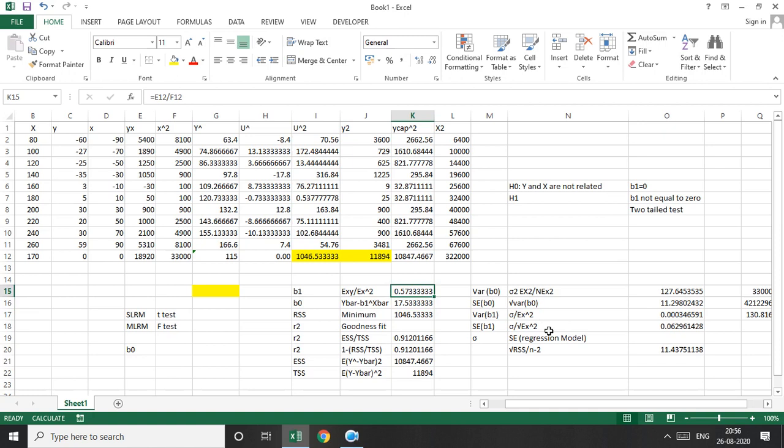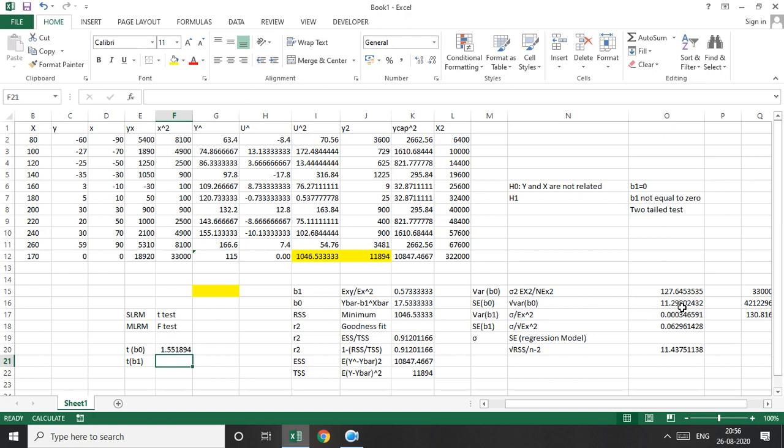Using the t-test, t beta 0 and t beta 1. So how do we find t beta 0? It is nothing but the beta 0 value divided by the standard error of beta 0.